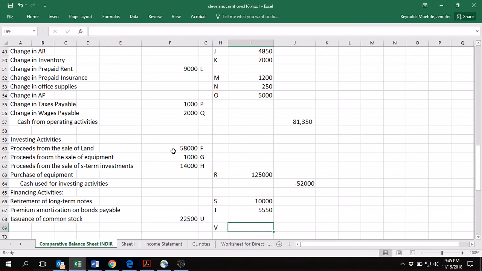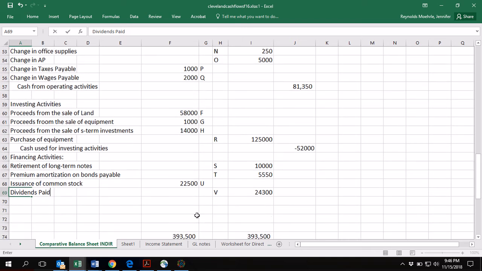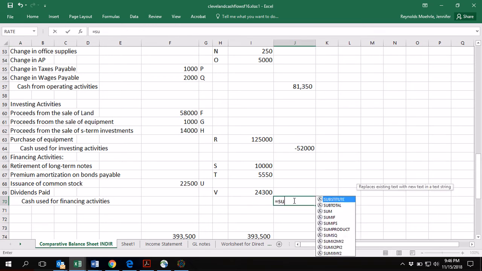But here we know it was a cash dividend, so it's going to come out of there as a cash dividend. That took care of everything. So now we have cash used for financing activities. Let's see if that is coming to the number I want it to be.